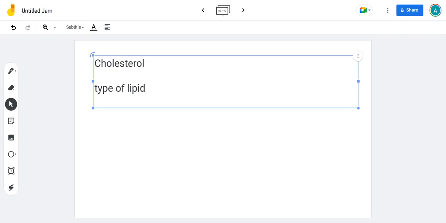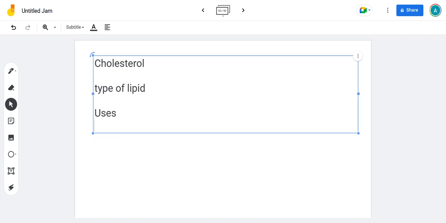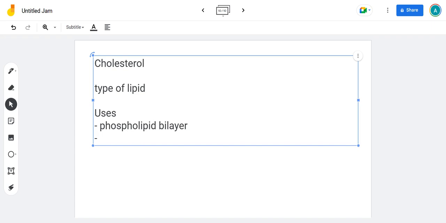Now, the place that you've specifically come across it is in the phospholipid bilayers, which is in all the cell membranes, the plasma membranes around every cell. So you come across it there. It forms a large part of the sex hormones, like your estrogen and progesterone.